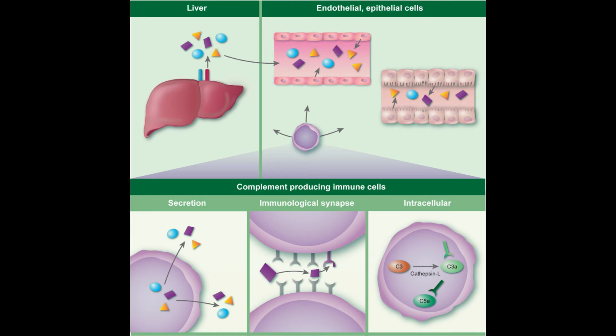The molecule has a molecular weight of 190,000 and consists of 2 polypeptide chains, the alpha and the beta. The alpha chain contains a highly reactive thioester group, and when C3a is removed by cleavage of a single bond in the alpha chain, the thioester is exposed. The remaining piece, C3b, is then capable of binding to hydroxyl groups on carbohydrates and protein in the immediate vicinity.